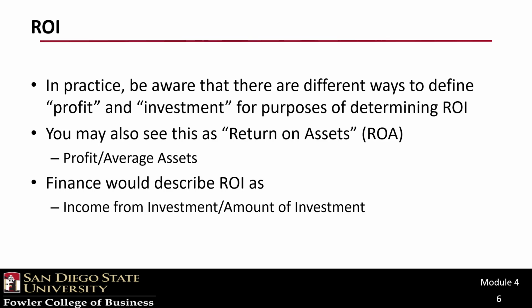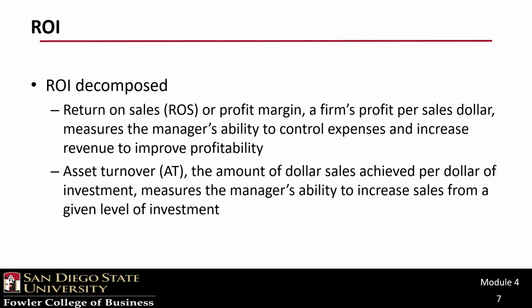Okay, so when we decompose return on investment, we get the two components. The first is return on sales, or profit margin. That is a firm's profit per sales dollar. You can think of that as saying, look, that measures the manager's ability to control expenses and increase revenue to improve profitability.